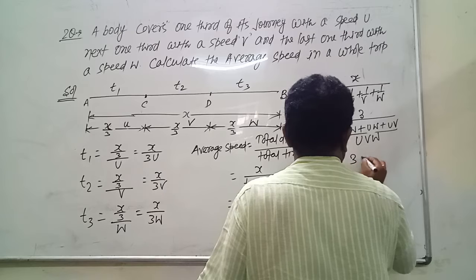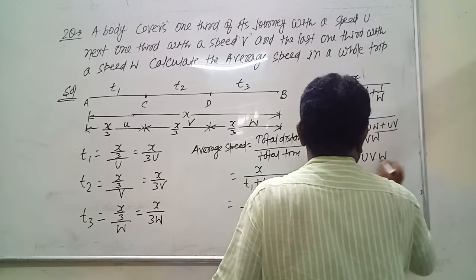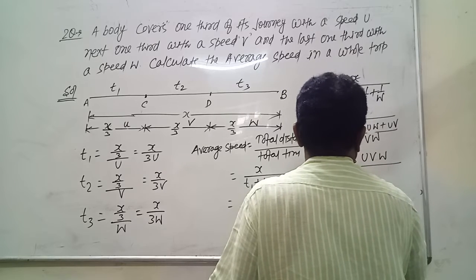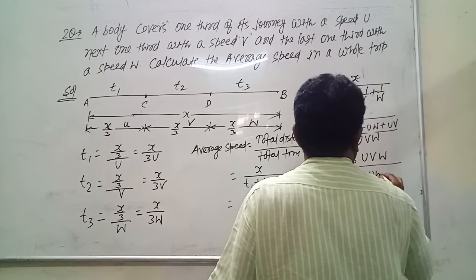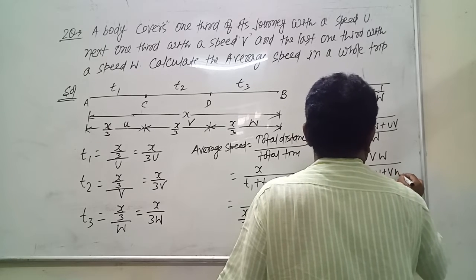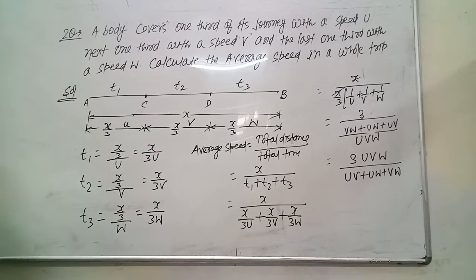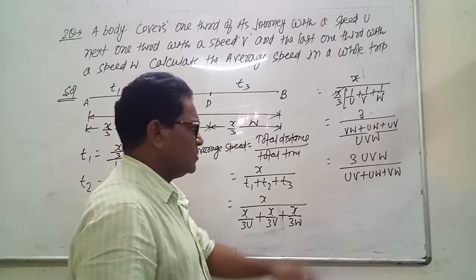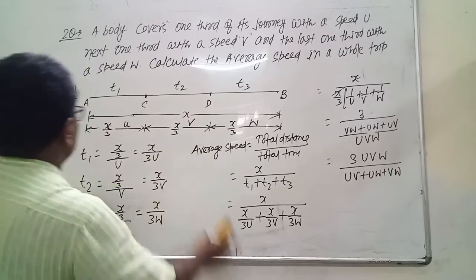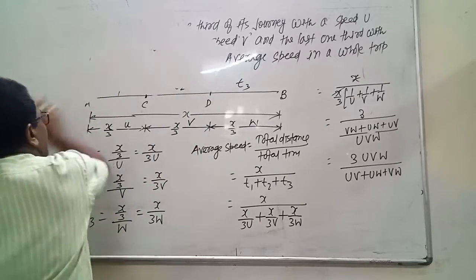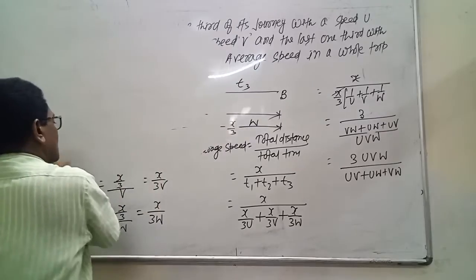So this becomes 3uvw upon uv plus uw plus vw. This is the average speed in the whole trip.